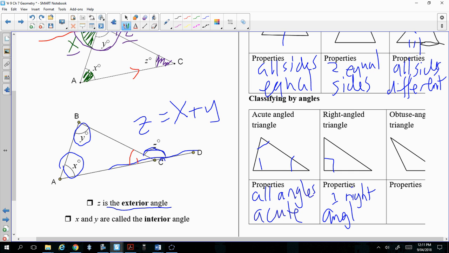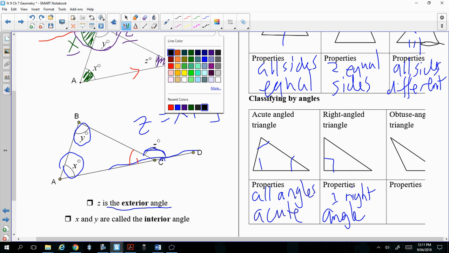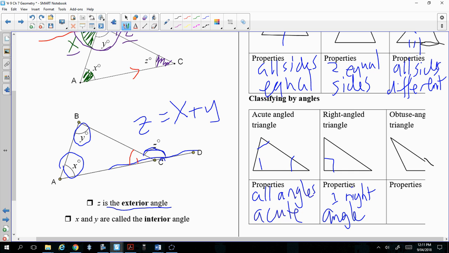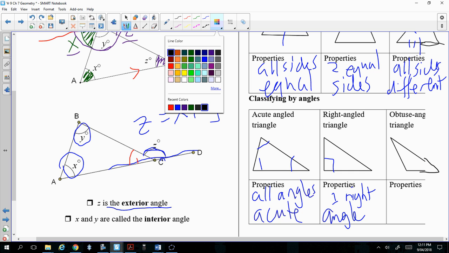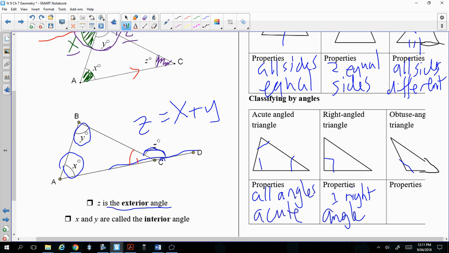And for the last one, if it's like this, if it has one obtuse angle, we call this obtuse angle triangle. So one obtuse angle. Okay.